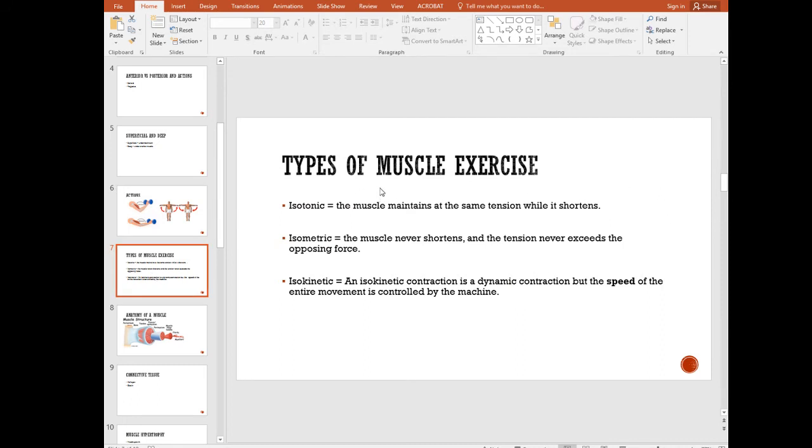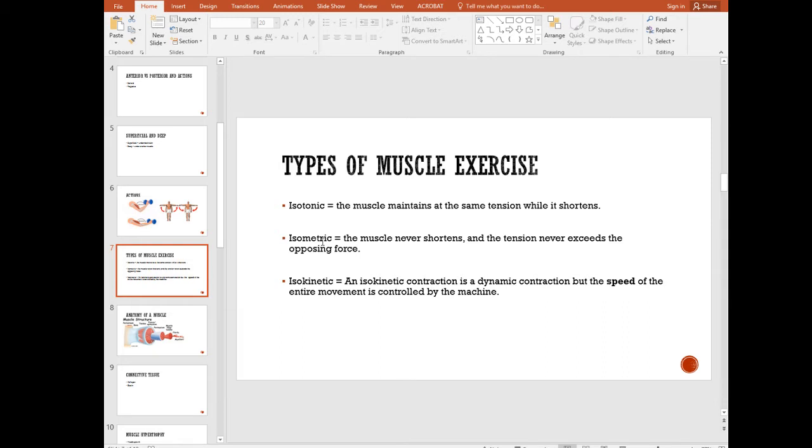So types of muscle activities that you'll talk about or you may hear about. Isotonic would be something like push-ups or bench press. So we're pushing the muscle, the weight away from us. The muscles are contracting, but we can push at different speeds. Isometric, we're holding a static position. You see this in gymnastics. You see it in wrestling.